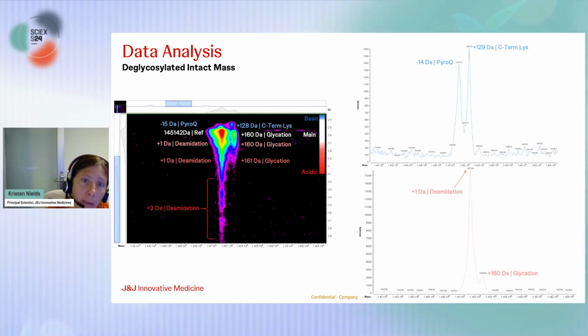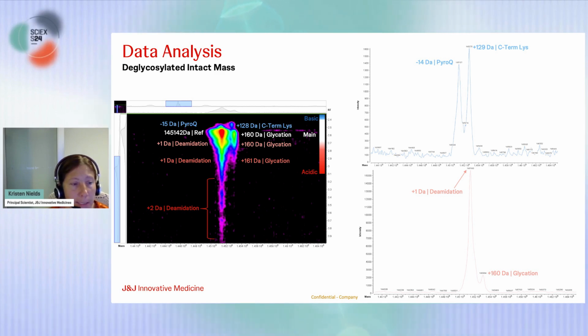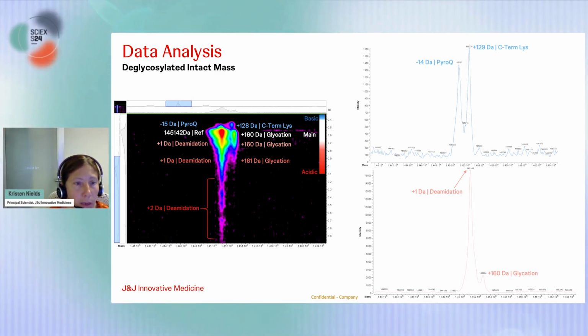Then going through the heat maps, this is an example of how we drill down into the characterization. Going from top to bottom, basic to acidic, the blue being the basic area, the white in the main area, and the red in the acidic region. We can see here that in the top area, we have some C-terminal lysine and PowerQ compared to the main peak that's coming out there.